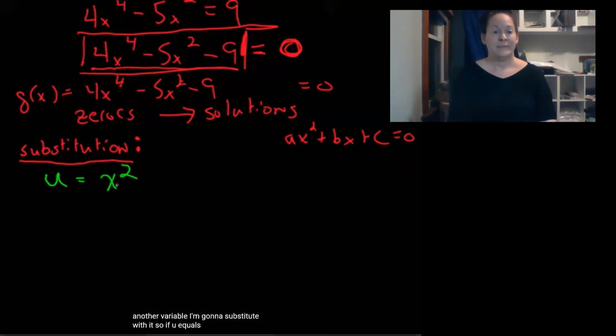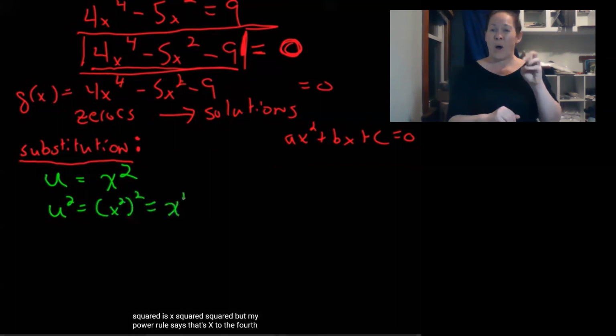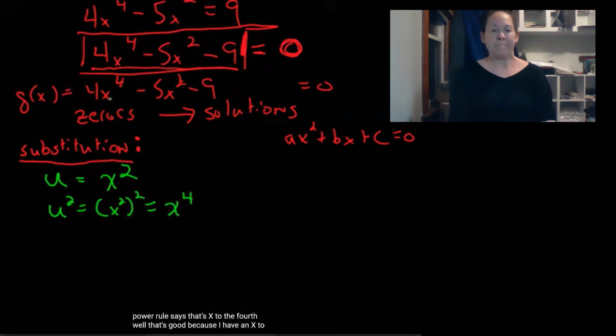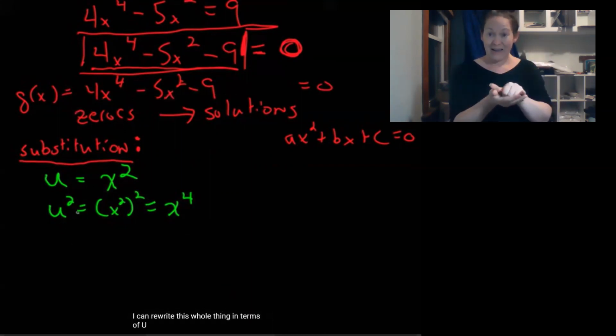So if u equals x squared, then u squared is x squared squared. But my power rule says that's x to the 4th. Well, that's good because I have an x to the 4th here and an x squared here. So I can rewrite this whole thing in terms of u.